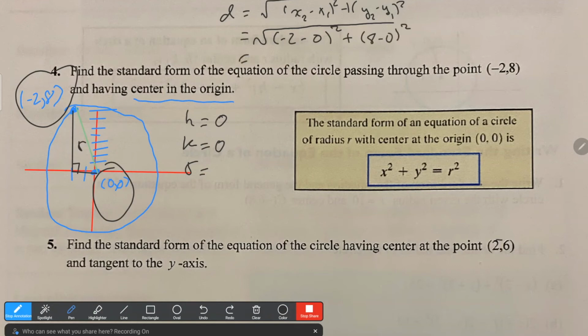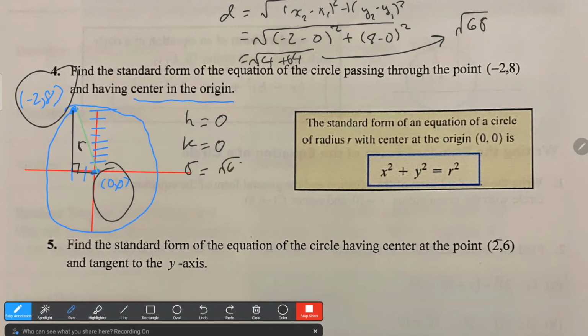That's going to give us the square root of 4, because -2 squared is 4, plus 8 squared is 64. And 4 plus 64 is going to give us root 68. So our radius is the square root of 68.